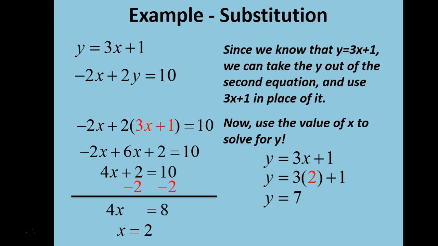So the solution to our system here is (2, 7). X is 2 and y is 7. And again, we've used the substitution method to find the solution here. We use substitution by finding what one of the variables is equal to. In this case, we found y was equal to 3x plus 1, and we plug that into the other equation.